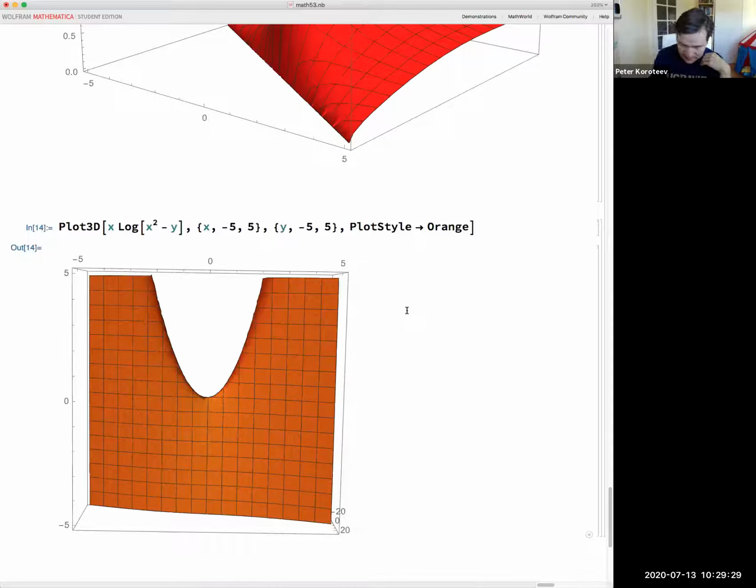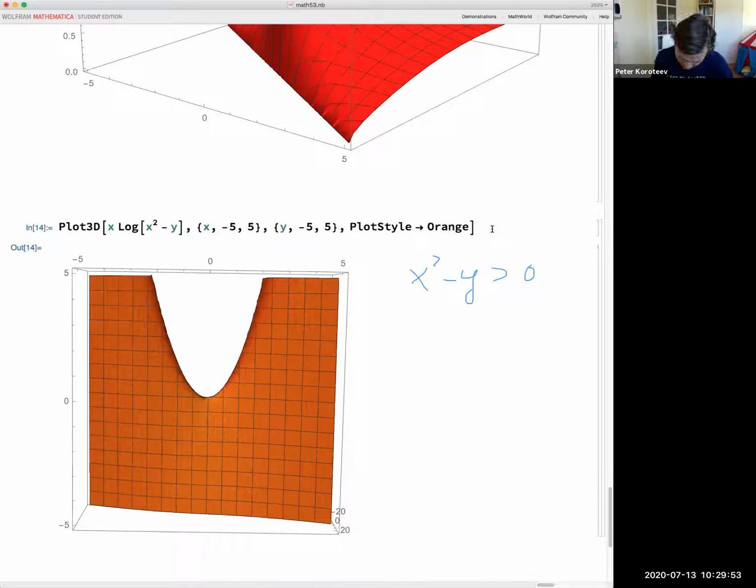So what stands under the log function? x squared minus y should be bigger than 0. Ah, you answered what could go wrong. Okay, of course.